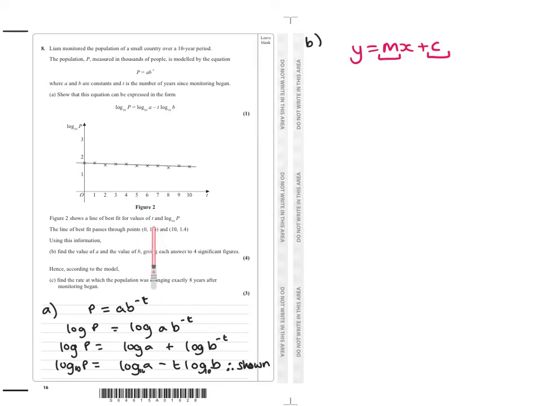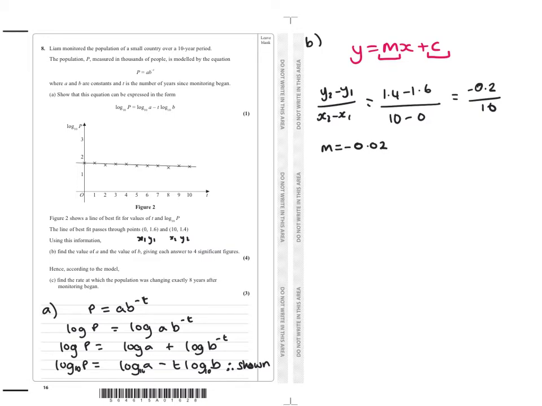So first of all, I need to find the gradient. How do I find the gradient between 2 points? y2 minus y1 over x2 minus x1. If this is my x2, y2, and this is x1, y1. Okay, so 1.4 minus 1.6 over 10 minus 0. I get minus 0.2 over 10, which, is that right? So when we work that out, our gradient is minus 0.02.